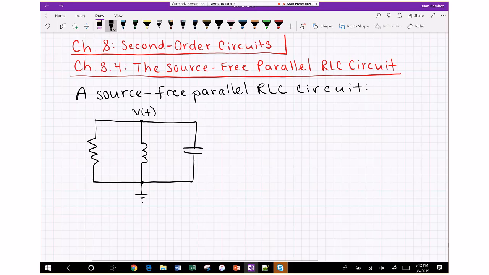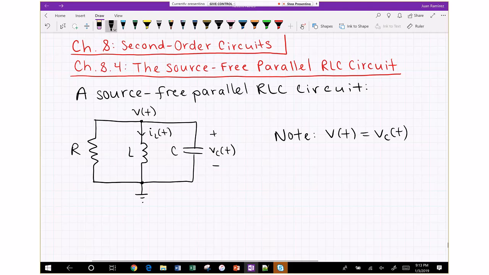And again, we care about the inductor current and capacitor voltage. And you can tell by inspection that the voltage across all three components is equal to the capacitor voltage.